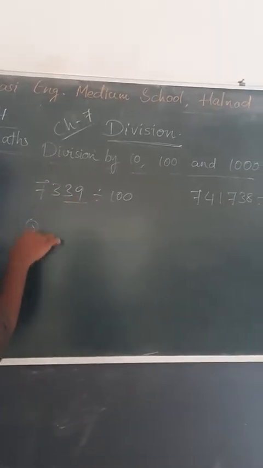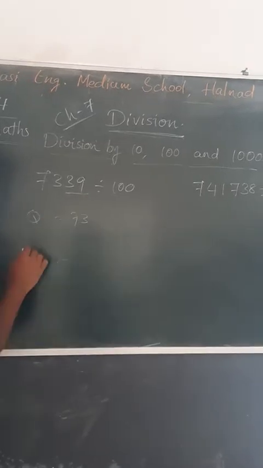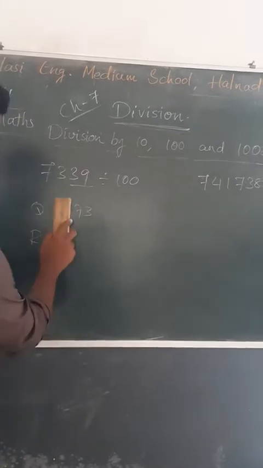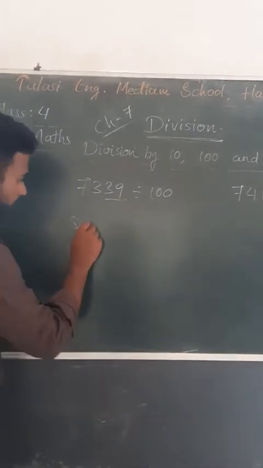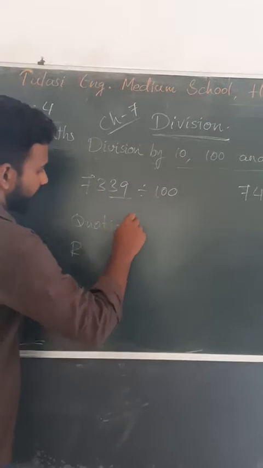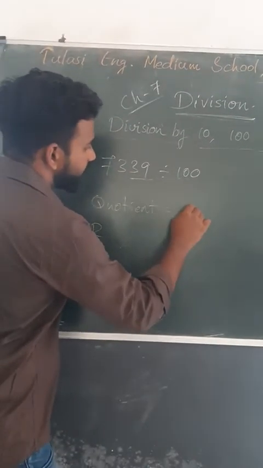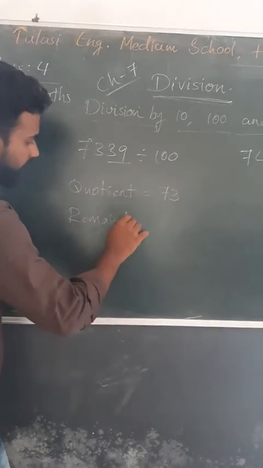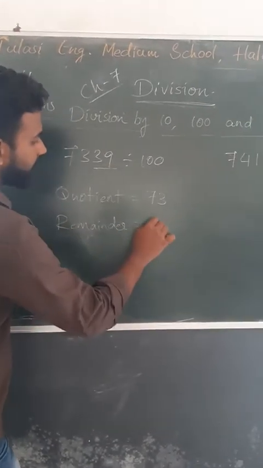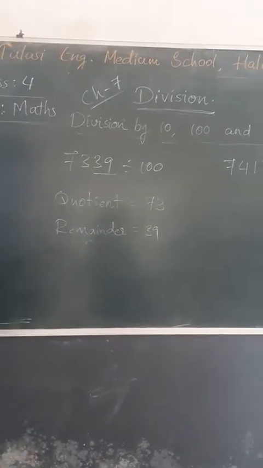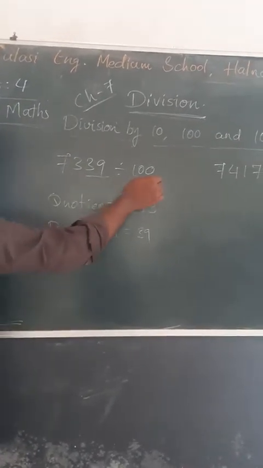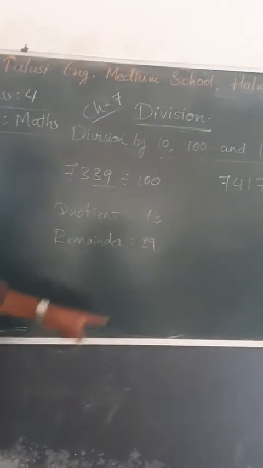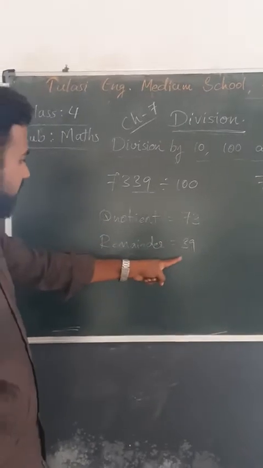So the quotient is 73. The remainder is, write clearly, 39. So it's by 100, so you have to remove 2 digits. The number formed by those 2 digits will be the remainder.